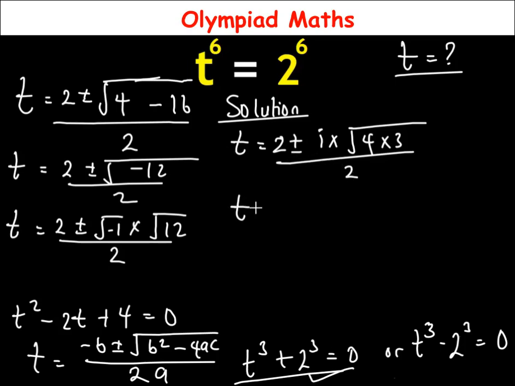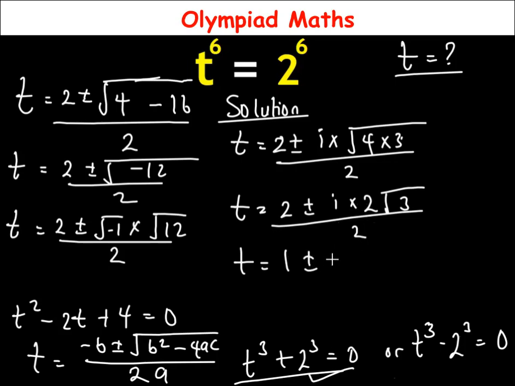So t is equal to 2 plus or minus i times the square root of 4, which is 2, times the square root of 3, all over 2. Dividing by 2, t is equal to 1 plus or minus i root 3.